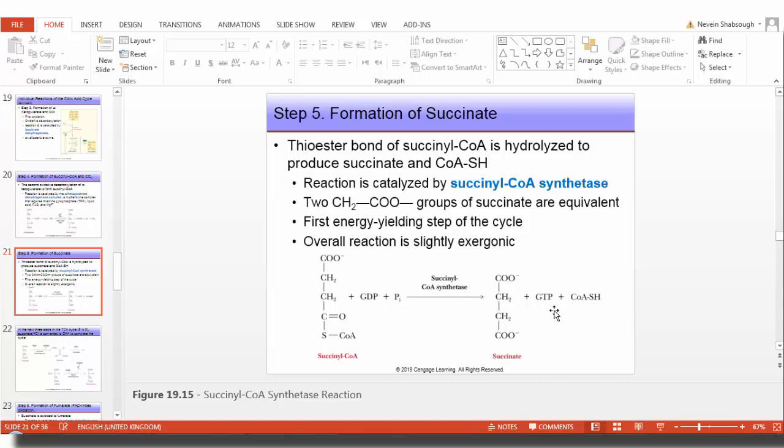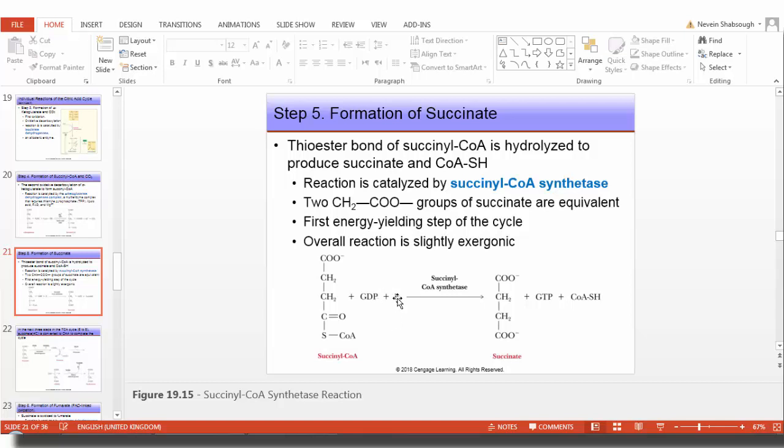Now the whole reaction is catalyzed by the enzyme called succinyl-CoA synthetase. Now synthetase is an enzyme that creates a new covalent bond and requires the direct input of energy from a high energy phosphate. Now the phosphate group is covalently bonded to the enzyme and is directly transferred to GDP to form GTP.